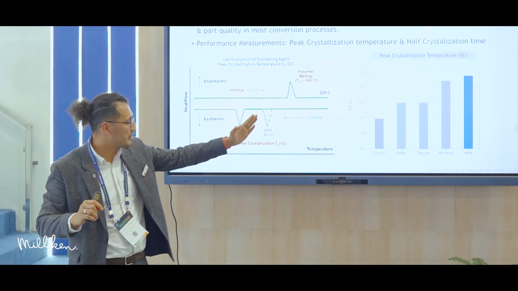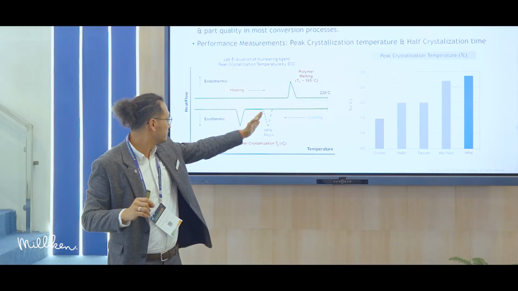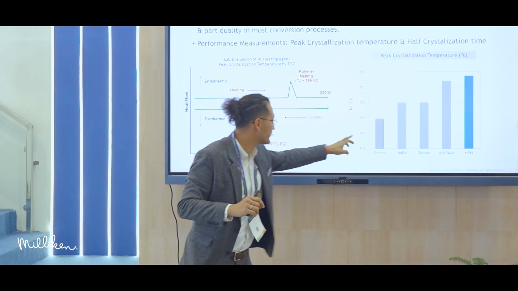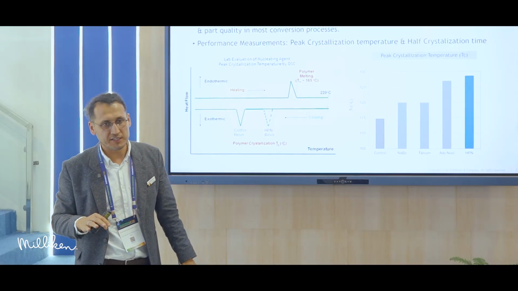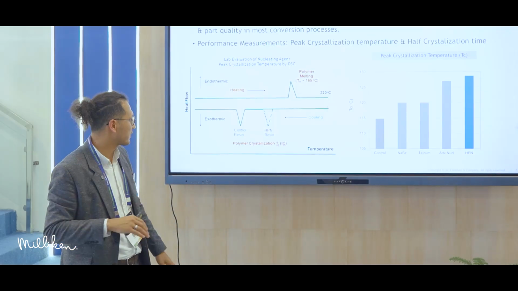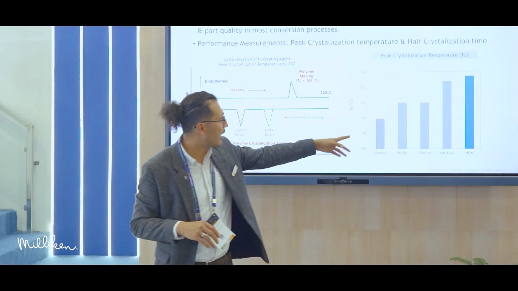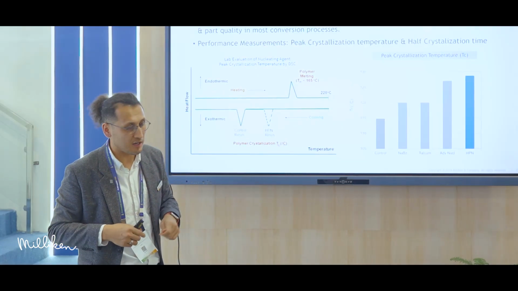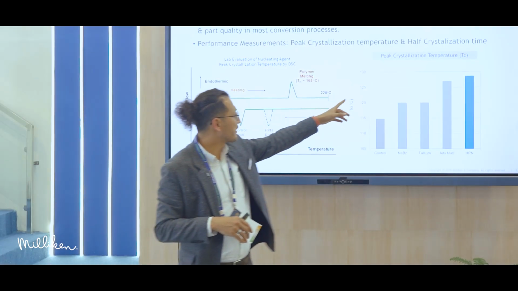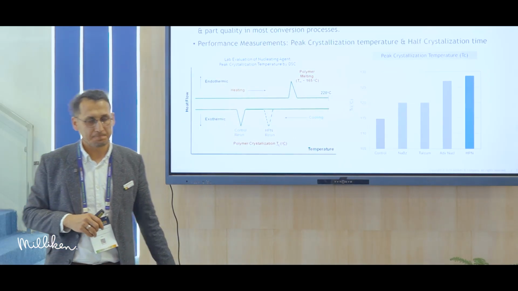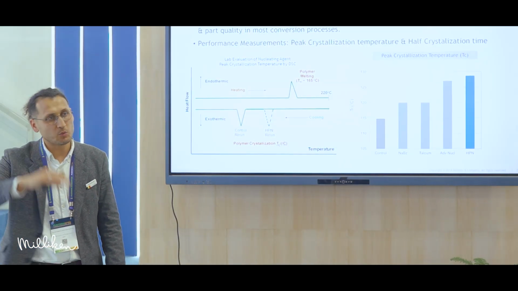And if it's not nucleated, the crystallization temperature will start a bit late, in this case around 115, 114 degrees C, right? But if it's nucleated, in this case nucleated with our higher TC product, it can start to nucleate at 127, 128 C.